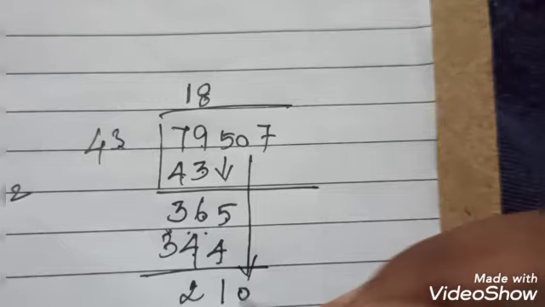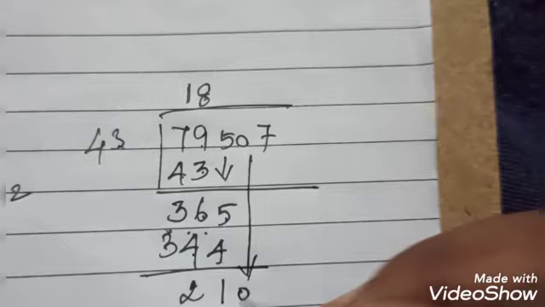So 1 becomes 0 and 0 becomes 10. 10 minus 2 is 8. Now it is impossible to subtract 7 from 0, so you borrow from 2. 2 becomes 1 and 0 becomes 10. 10 minus 7 is 3. Now we take down another 7, so 387. Now we check which number you need to take.